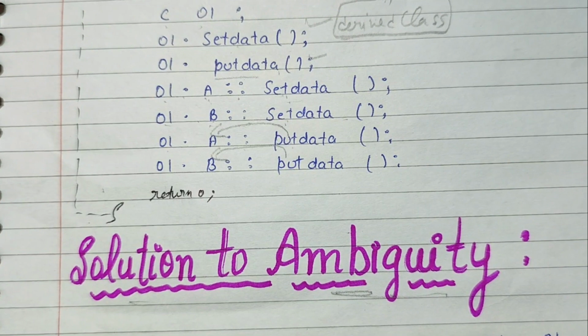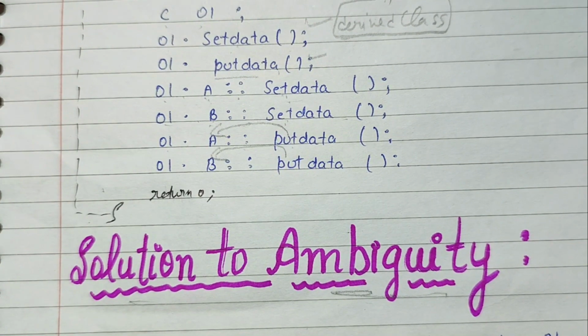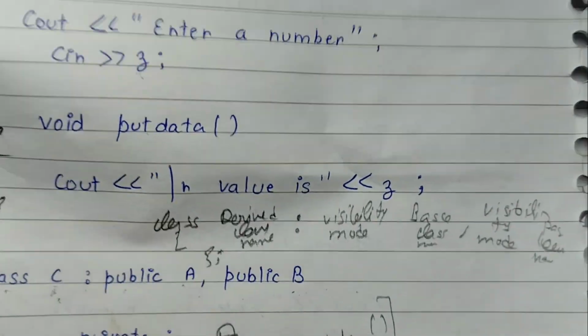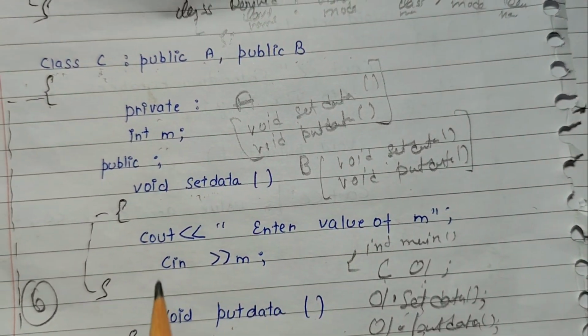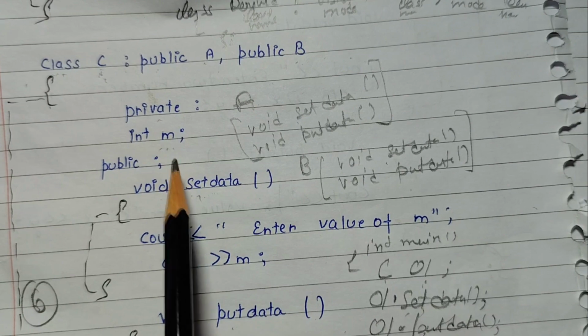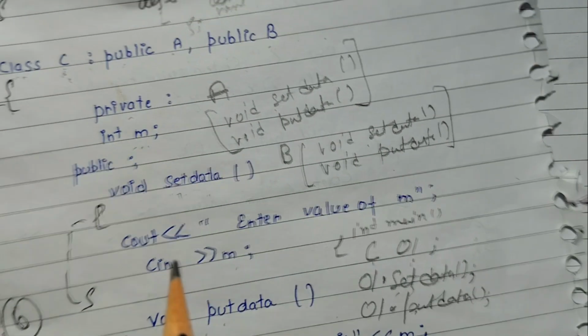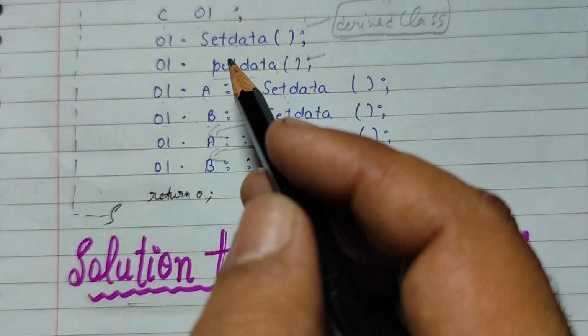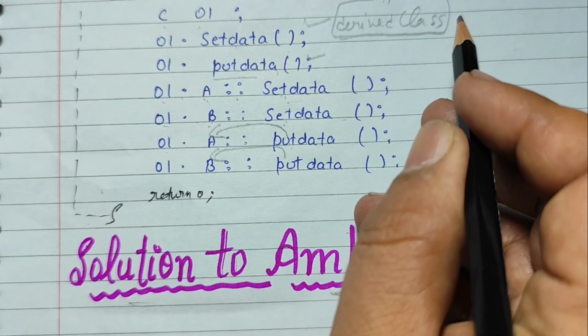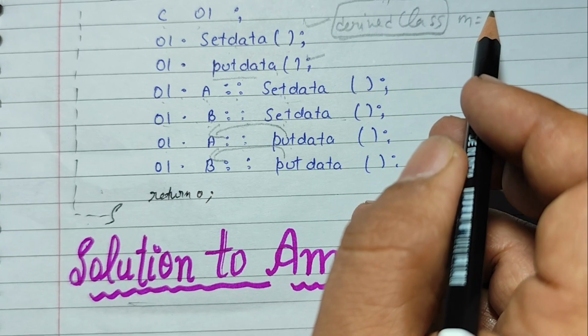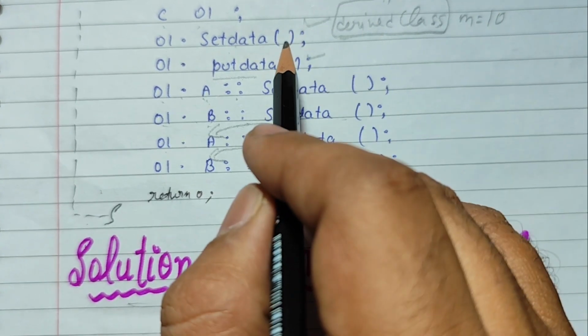Now when this set data member function is called, the set data member function of the derived class is executed. If you analyze here, set data has the m variable. It means when this member function is called, we enter the value in the m variable. Suppose you enter the value of m as 10, so 10 is entered here.